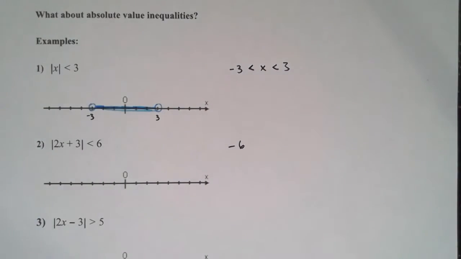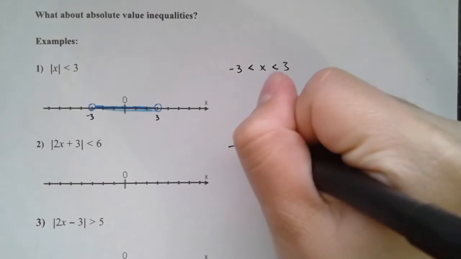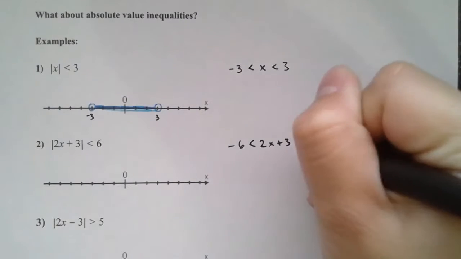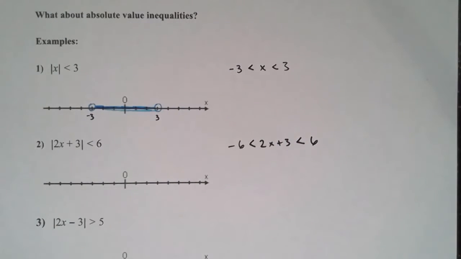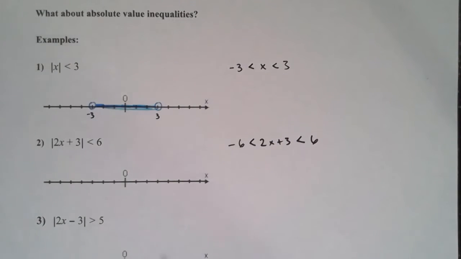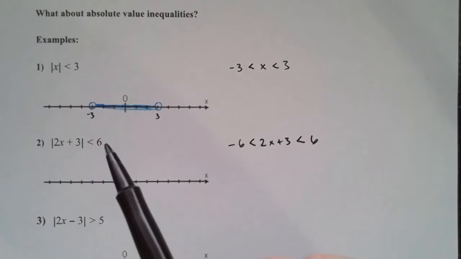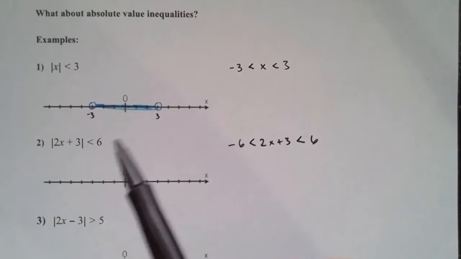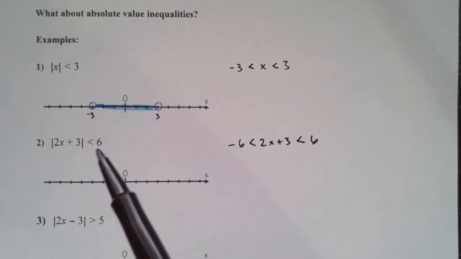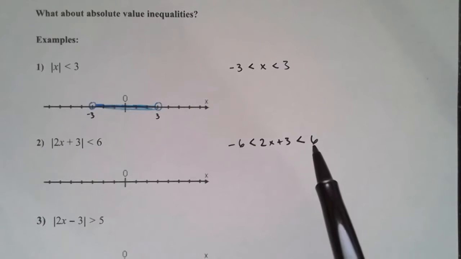So I get -6 less than 2x plus 3 less than 6. So last time, what you have to remember is, just take the right side would stay the same sign right here.